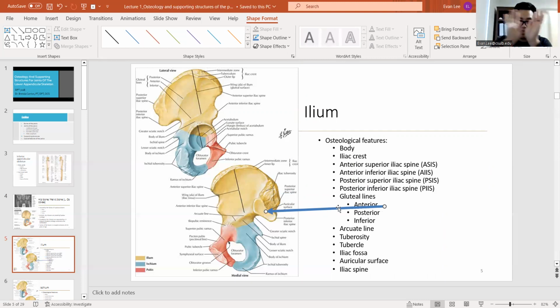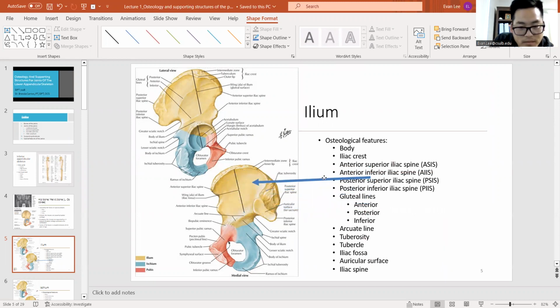You have the sacrum that's going to be connected to them in the back. So you have the iliac tuberosity, the auricular surface, and then you also have this over here, which is kind of like the iliac fossa, but the whole thing we're going to be calling the ala.